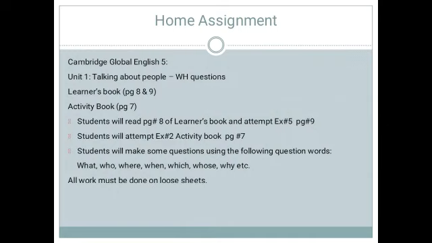Keep this in mind: all the work must be done on loose sheets. These are the pictures. Learner book, page number 8. Learner book, page number 9. Activity book, page number 6. You have also already done this in your previous lecture.